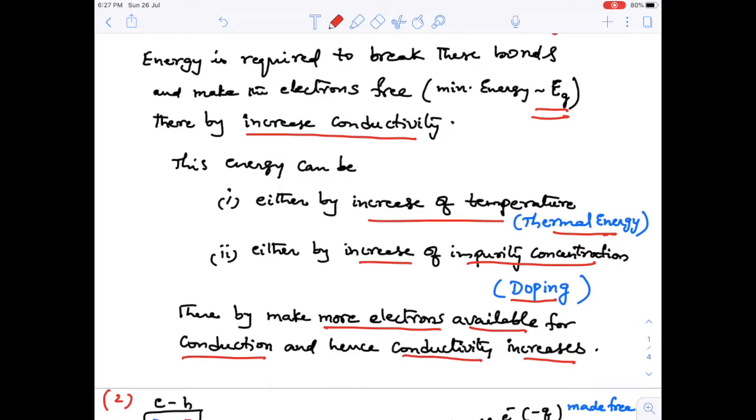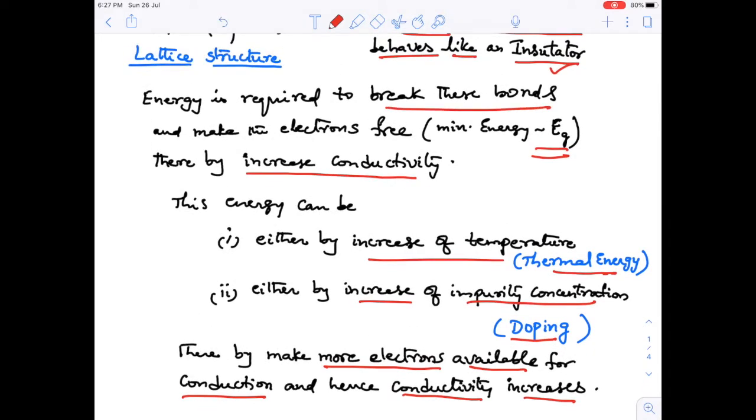So the idea is to increase the conductivity, and how can we increase the conductivity? By making the electrons free. And how do you make them free? By breaking the covalent bonds. In order to do that, you need to either increase the temperature or add impurity atoms.